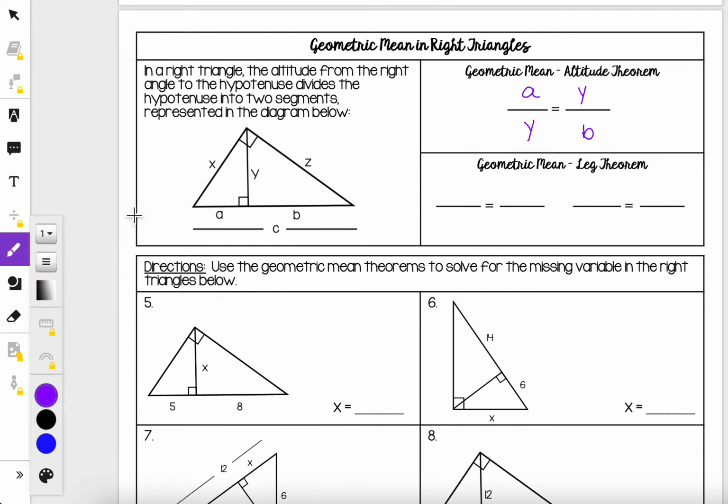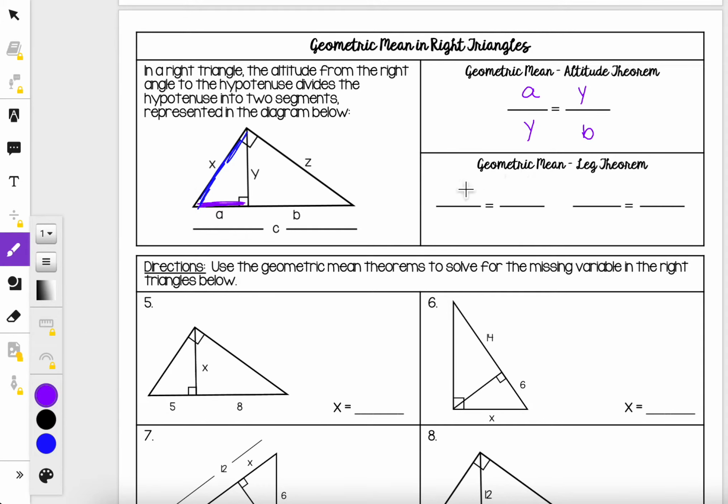Okay, so let's look at this first one here. If I'm looking at this small right triangle on the left side and my whole right triangle, this is the short leg over my hypotenuse.